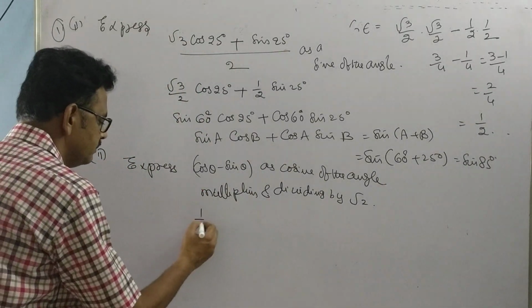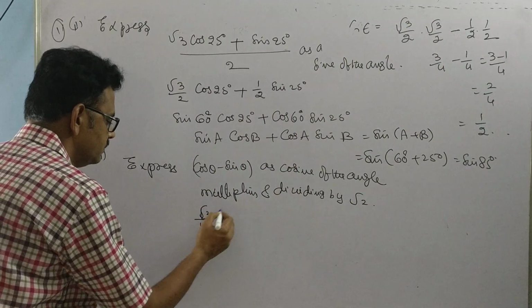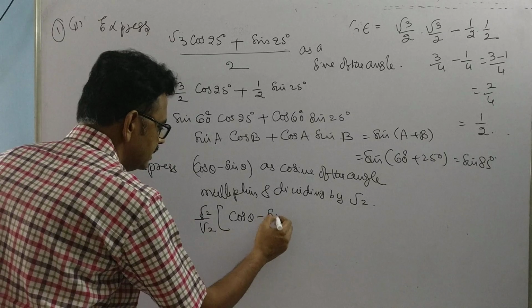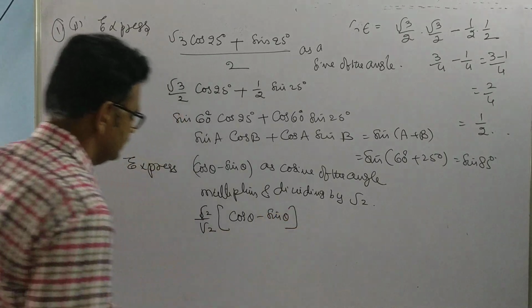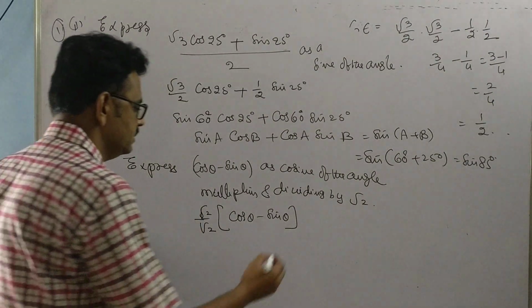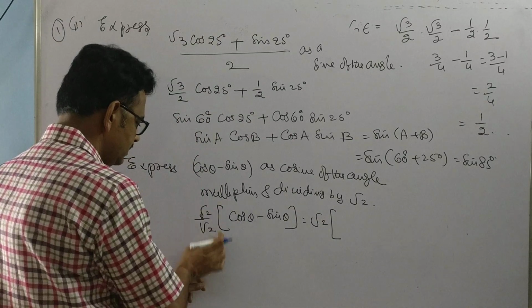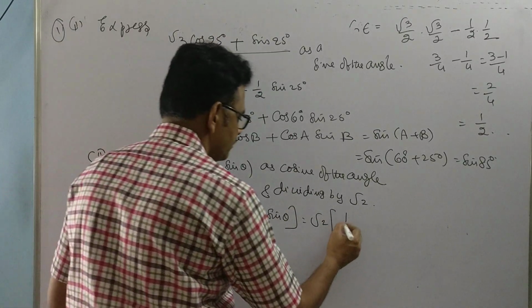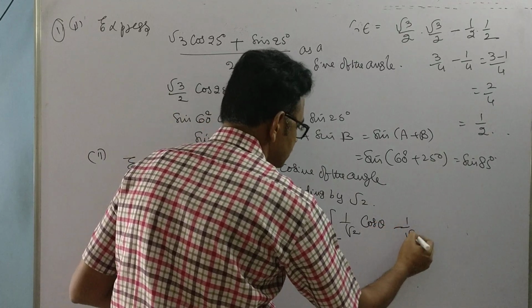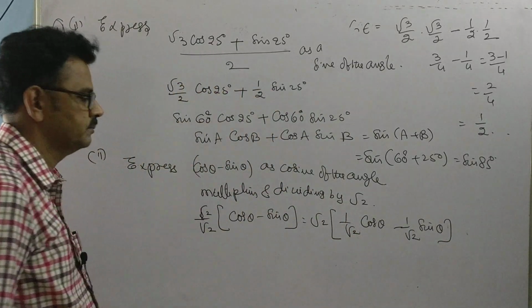I am multiplying root 2 and dividing by root 2. So this is root 2 into 1 by root 2 cos theta minus 1 by root 2 sin theta.